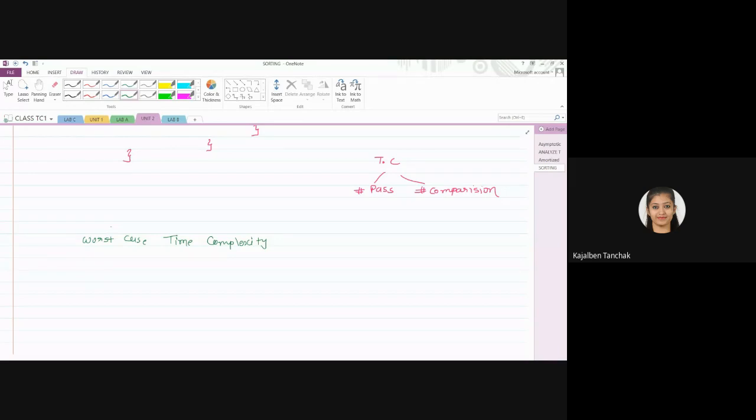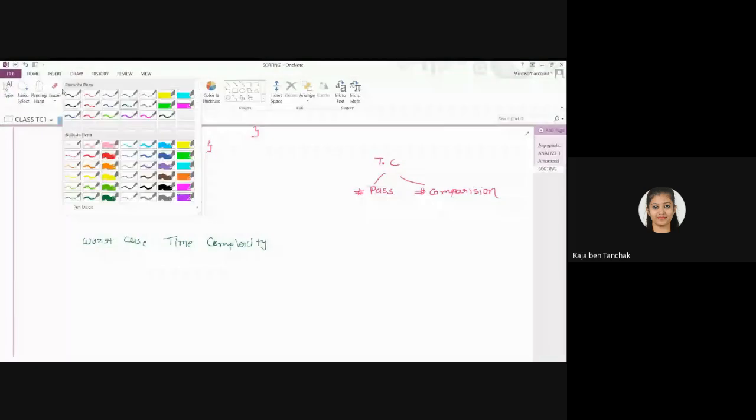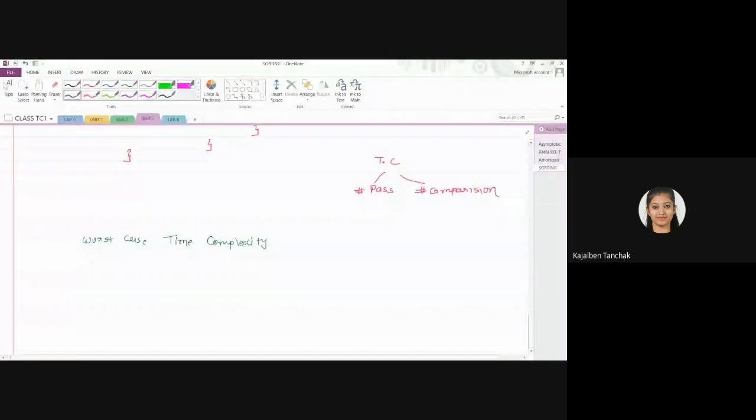So let us take this. So here are the passes, then we have the number of comparisons and number of swaps we are doing, right? Your time complexity is dependent on the number of swaps and number of comparisons.